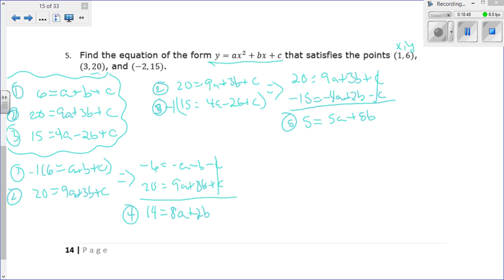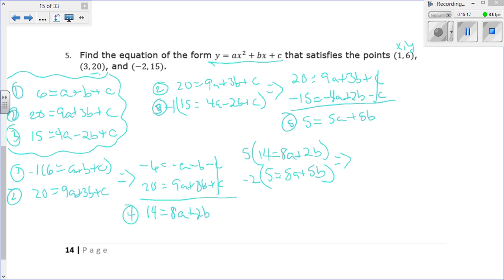So let's see here. We have 14 equals 8a plus 2b, and 5 equals 5a plus 5b. Again, looking at them, nothing is really obvious that it's going to cancel out, but I'm going to eliminate my b's. So I'm going to multiply the top by 5 and the bottom by a negative 2.